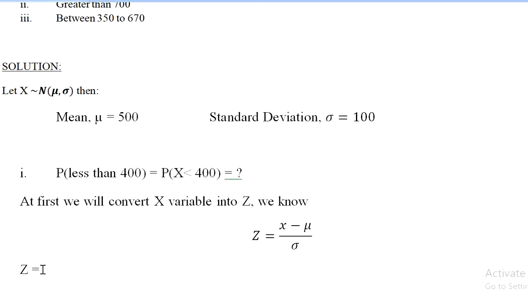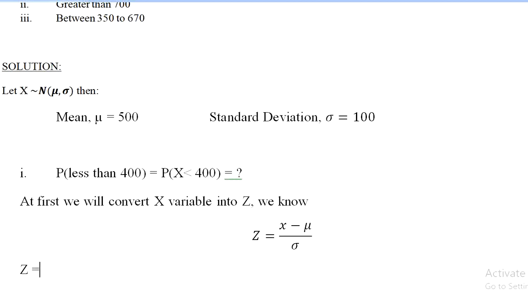We have x with mean 500 and sigma 100, and we want to find the probability that x is less than 400. So we will find the random variable z by using this formula, and I already have a calculator with me.